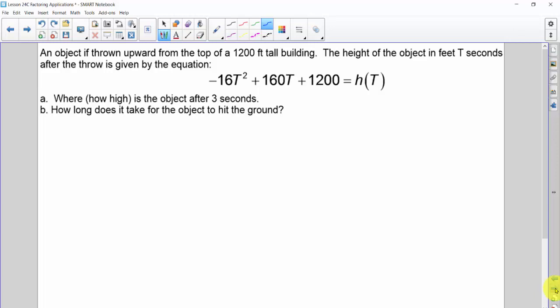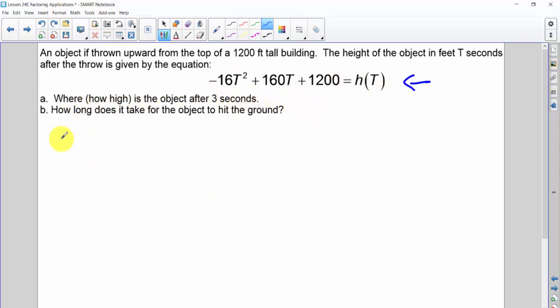This problem's a little bit different in that they're tossing an object up in the air from the top of the building, and the height of the object is given by this equation. So they're actually generating the equation for you. You just have to interpret it. In this case, t is time, and the height is h of t, or once you plug in a t, it'll give you the height. So they want to know how high is the object after 3 seconds.